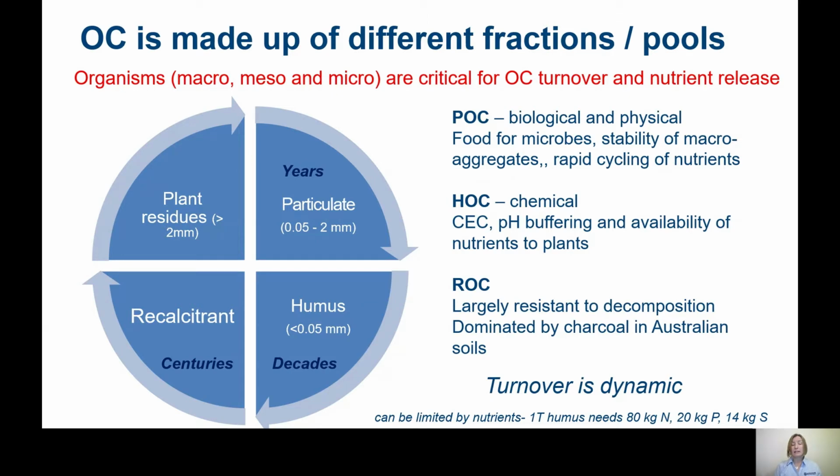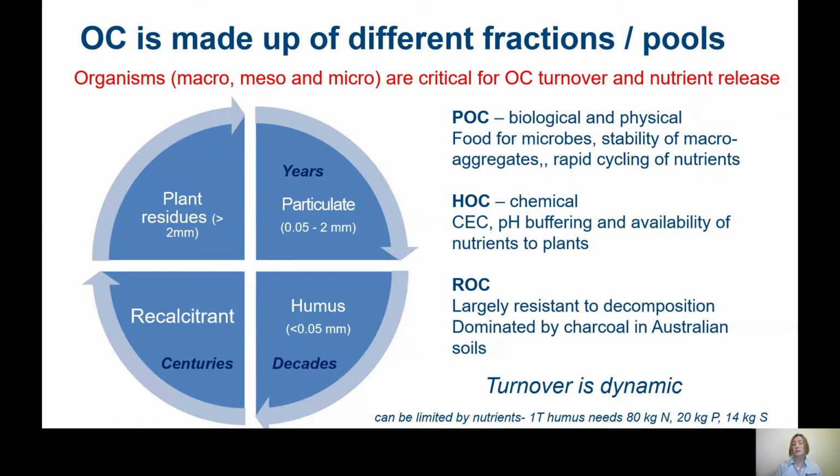And what we're finding sometimes is that we don't always see the fractions, the amount of humus, that we might expect from having a high amount of particulate. Clive Kirkby did some work and found that nutrition can limit this turnover, this transformation of particulate carbon into humus carbon.